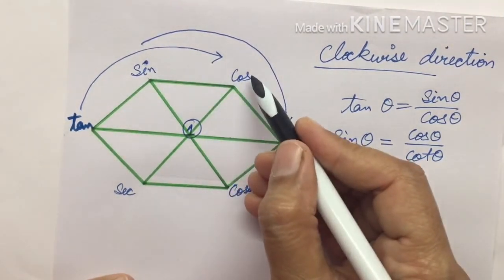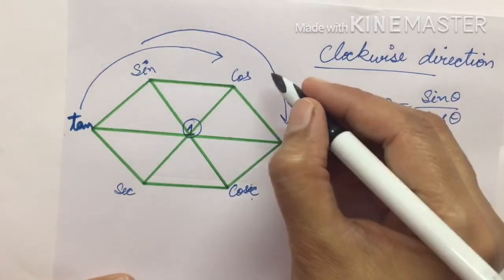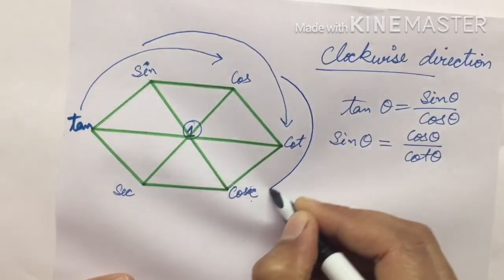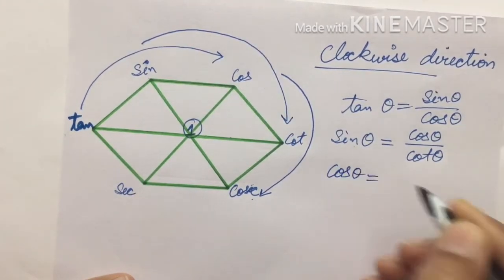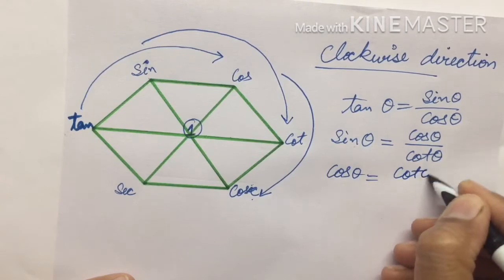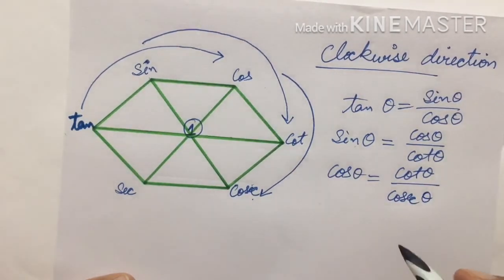Then I will start from cos theta, and three trigonometric functions I will use: cos, cot and cosecant. So cos theta is equal to cot theta upon cosecant theta.